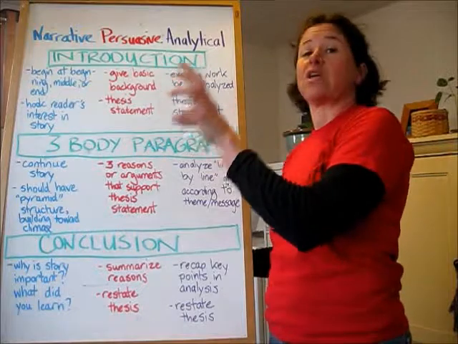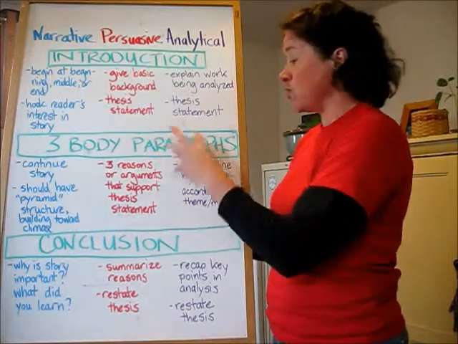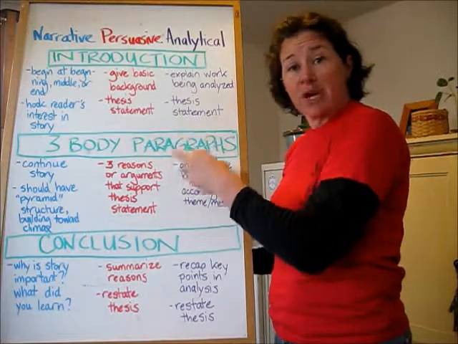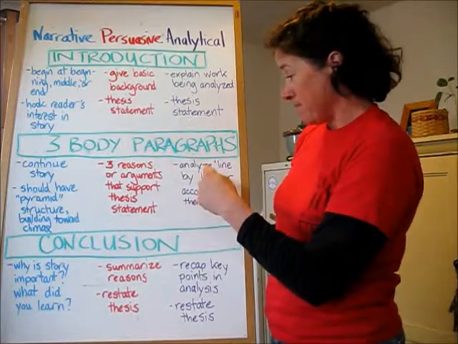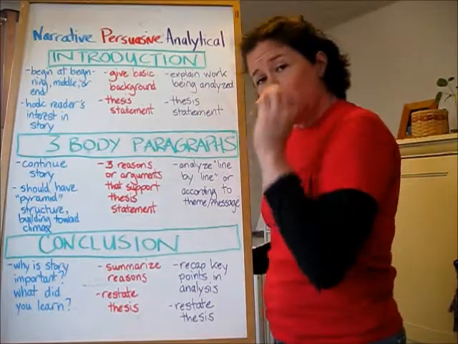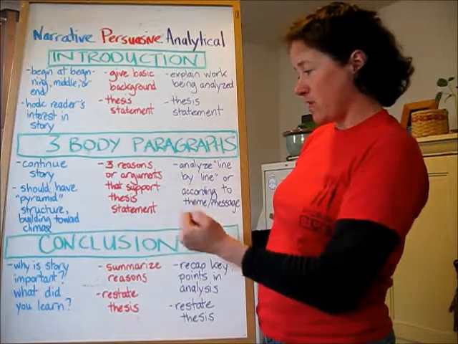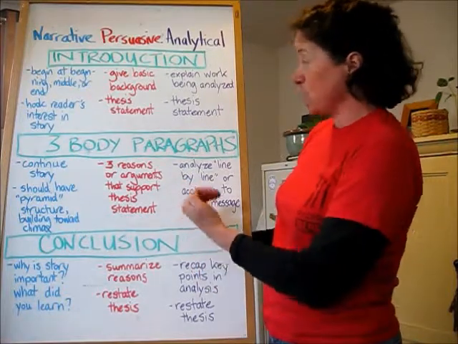So you pick out the key points that will support your thesis statement, and you analyze those piece by piece. So you either go piece by piece to interpret, or one piece of evidence after another to support your thesis.